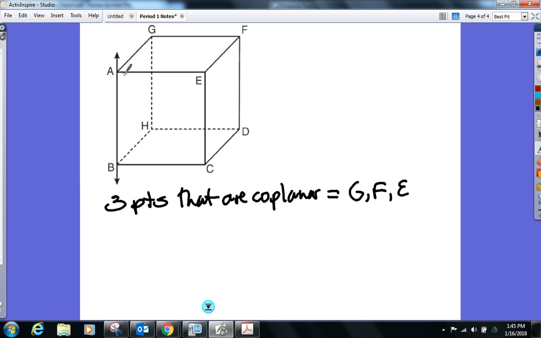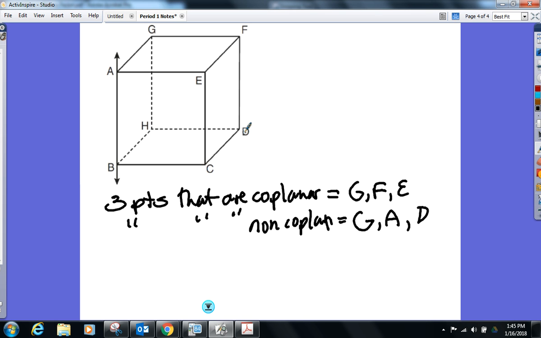If I wanted 3 points that are non-coplanar, I could go, let's see, G, A, D. G, A, D do not form a plane here. Three points, or more, that form a plane.